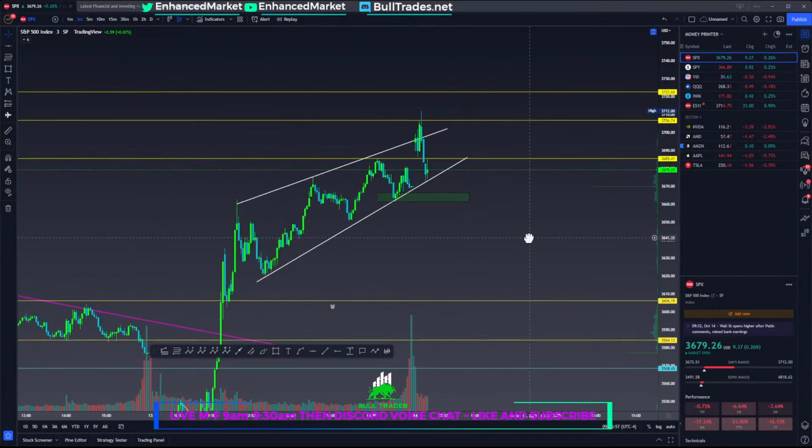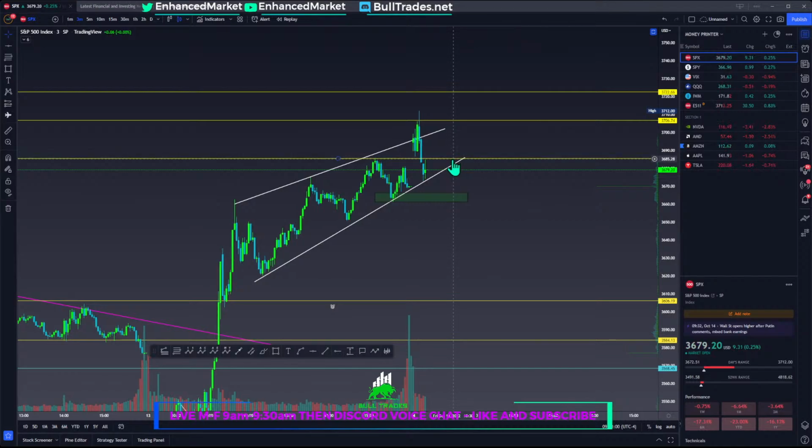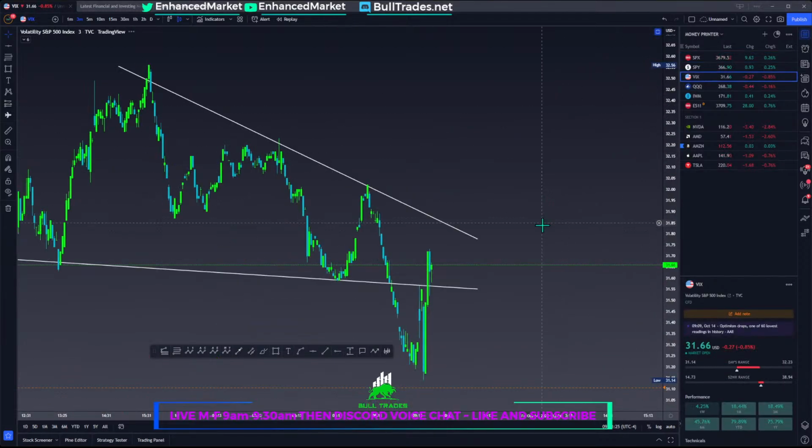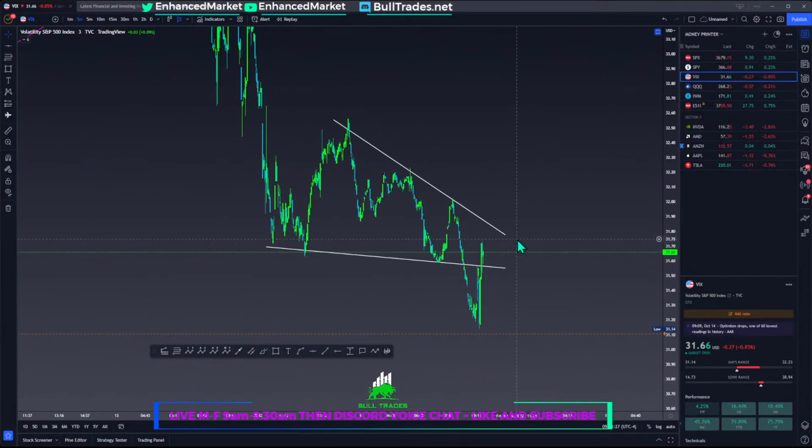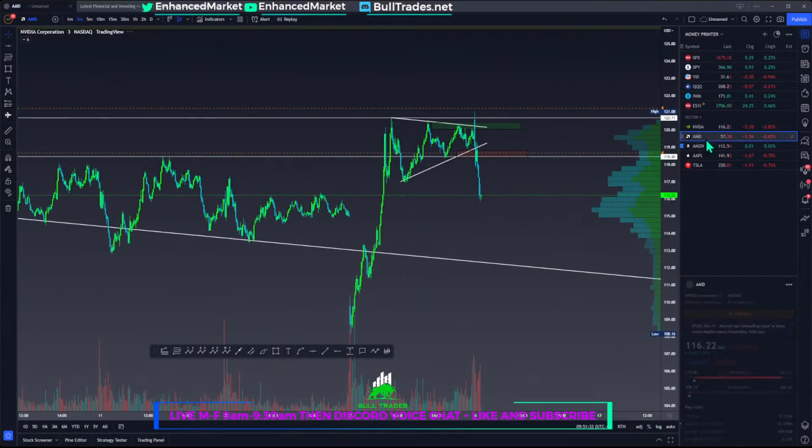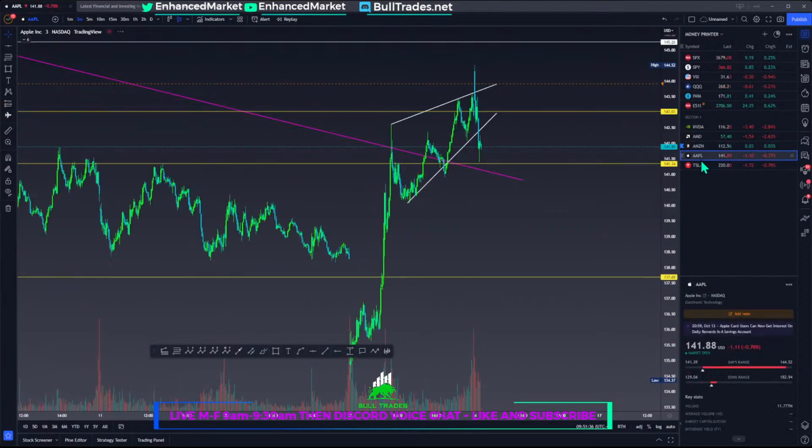Puts can potentially work if we take out this low. Need to be patient. VIX is sitting back in this range, setting an alert here. AMD, everything at the lows.